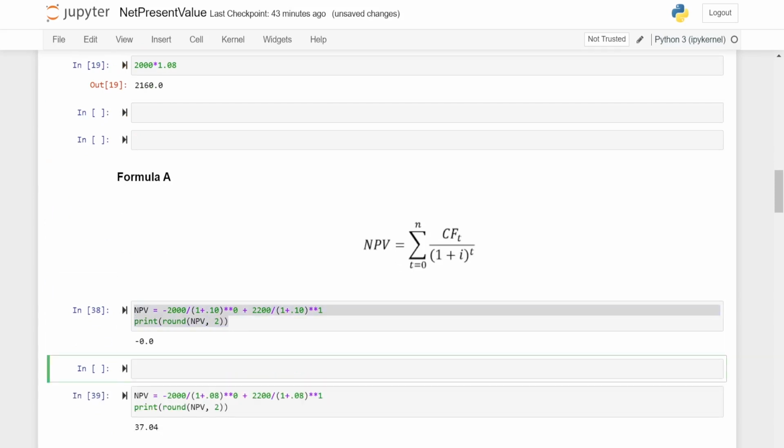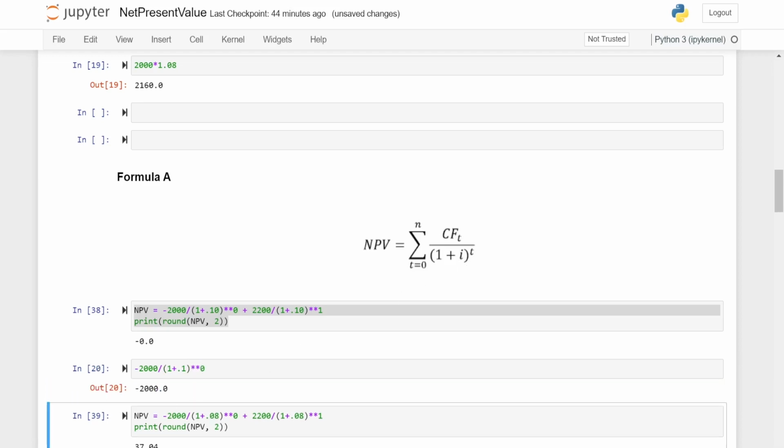First, we are writing minus 2000 divided by 1 plus the interest rate. We'll consider 10%. It has to be written in decimal form. Now, this entire thing should be raised to the power of 0. So what will we get?